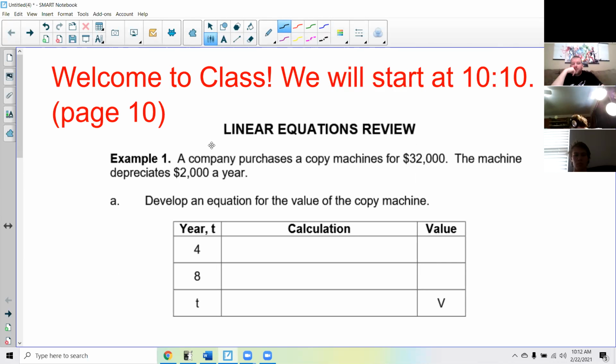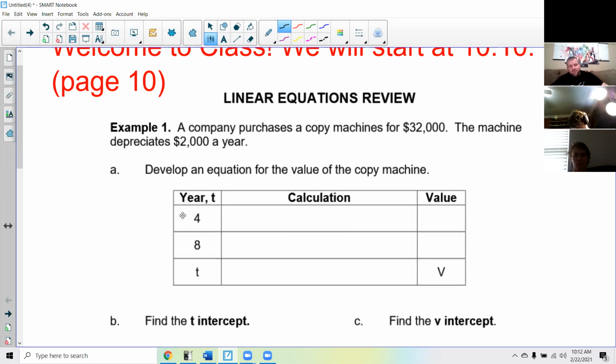But it says a company purchases a copy machine for $32,000. The machine depreciates at $2,000 a year. It says develop an equation for the value of the copy machine. Okay, pretty straightforward. So it says after 4 years, how much is the machine going to be worth?